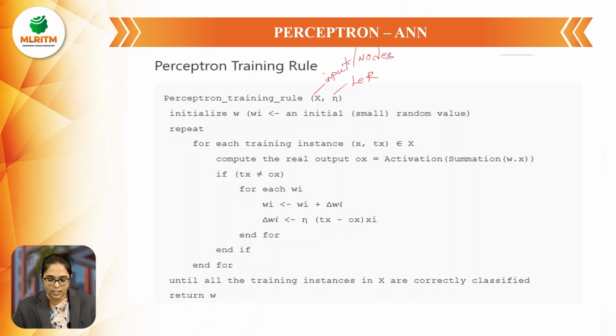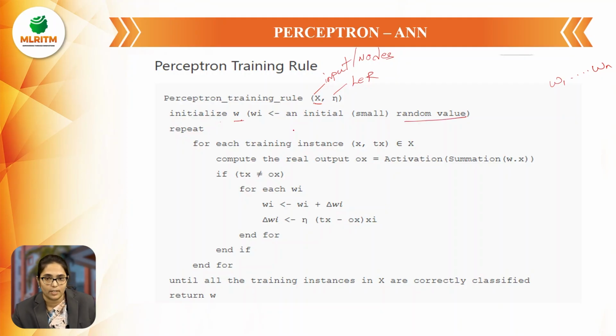For these inputs we are initializing a weight, which is W. If you have more than one weight, you represent them as W1 until Wn. You are initializing a weight for each particular X input with some random value.